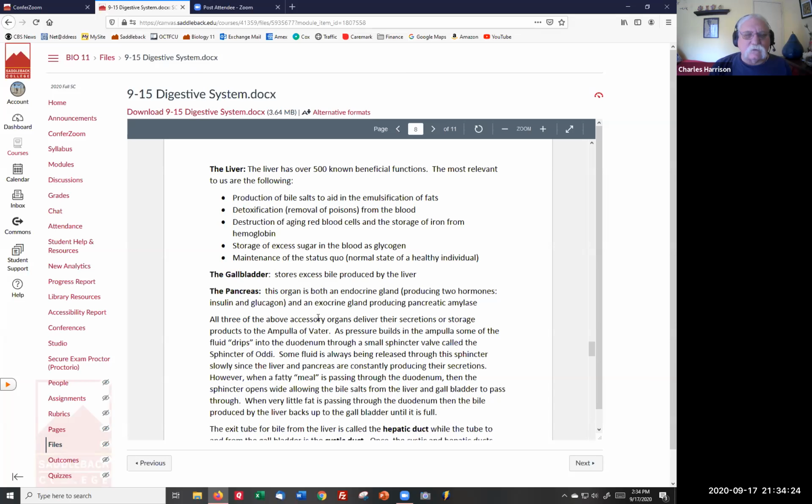And rather than waste it, it will be stored in the gallbladder, which is coming up next. Okay. The bile or bile salt is important for the emulsification of fat so that it can be absorbed across the intestinal lining. A second function of the liver is detoxification of the blood, removal of poison.